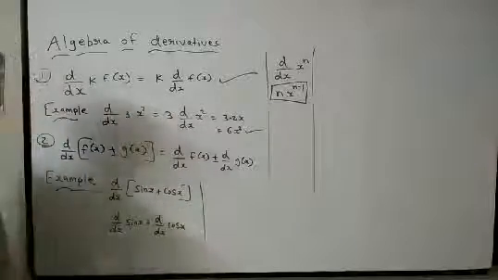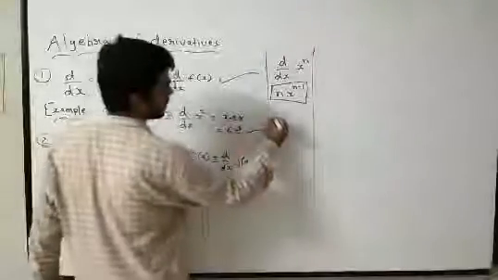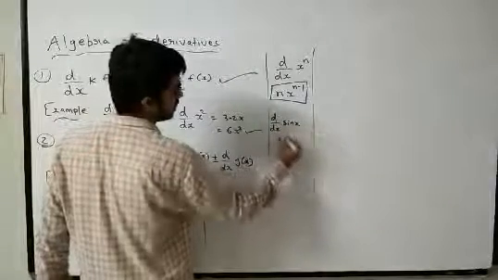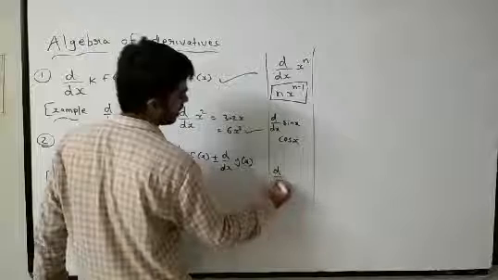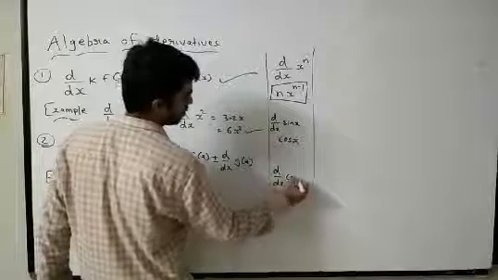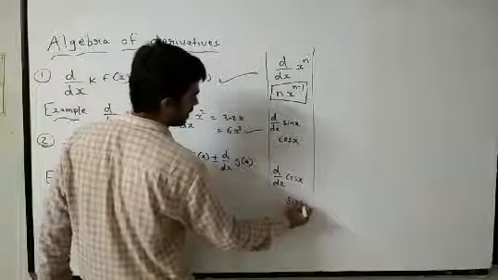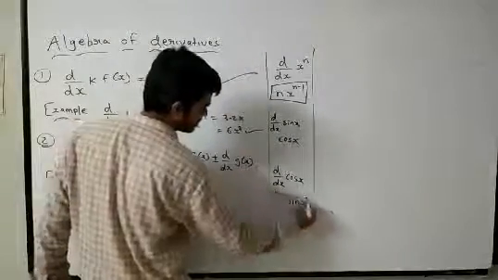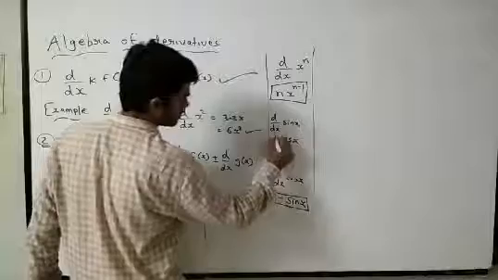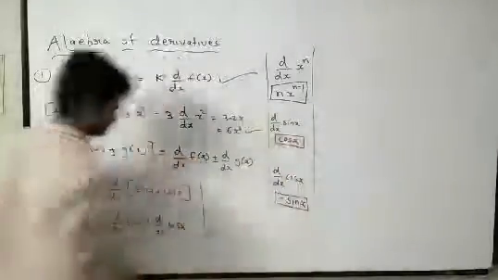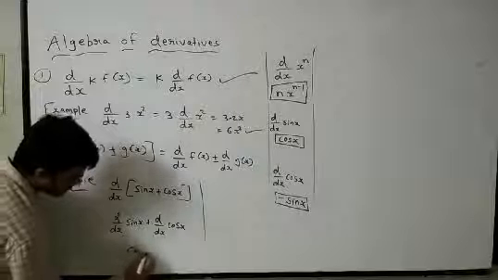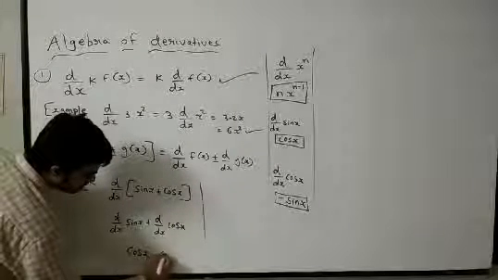D by dx of sin x, you know that d by dx of sin x is equal to cos x, and d by dx of cos x is equal to sin x, but minus. So d by dx of sin x is cos x, and for cos it is minus sin x.